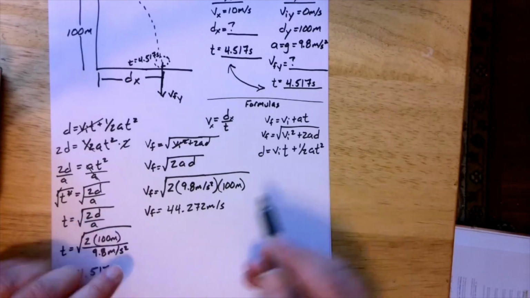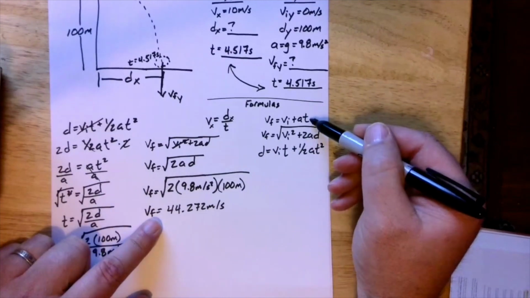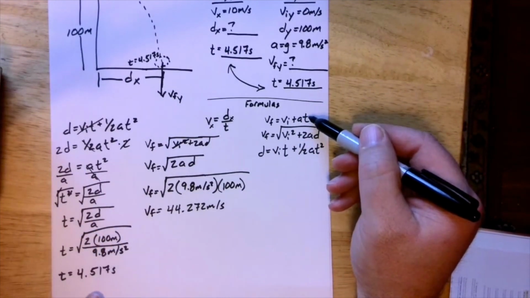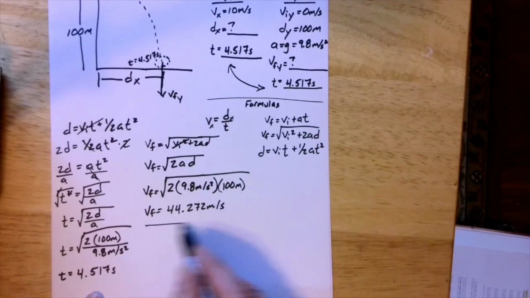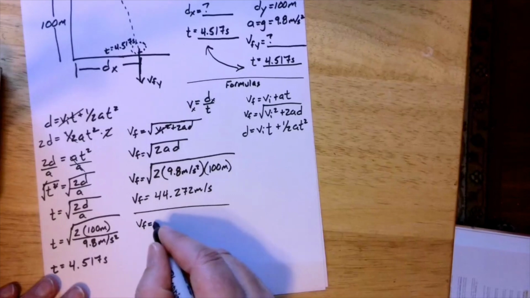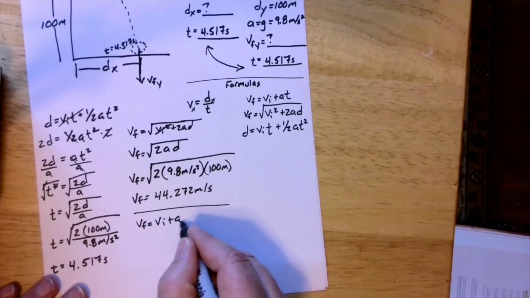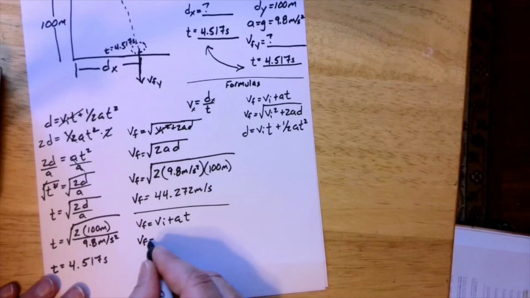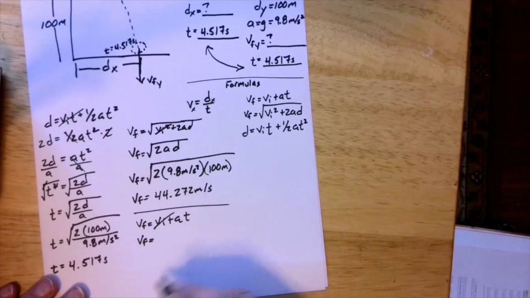Okay, now you could also have done the same thing using the first equation here, and let me just do that real quickly. So vf is equal to vi plus at, and since the initial velocity is 0, we can ignore that.